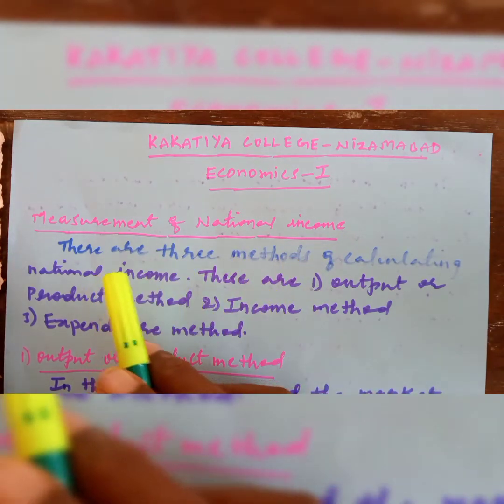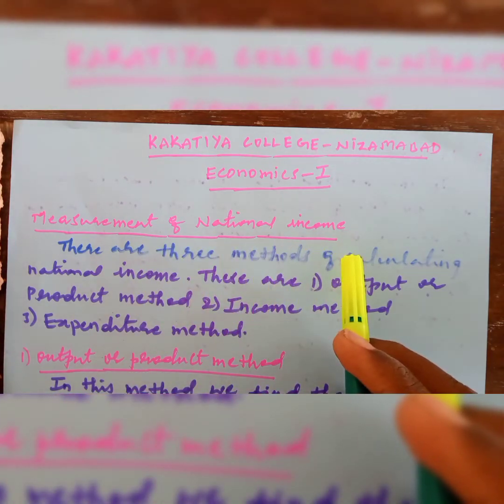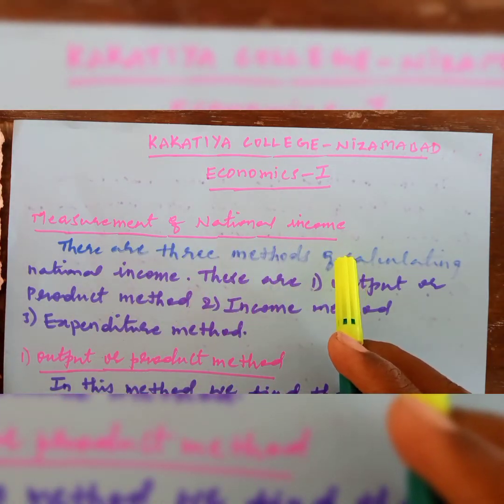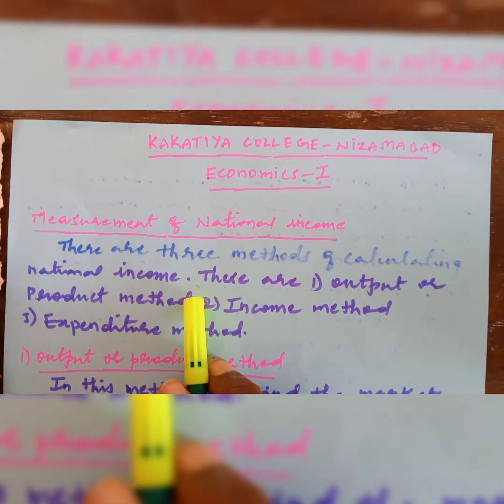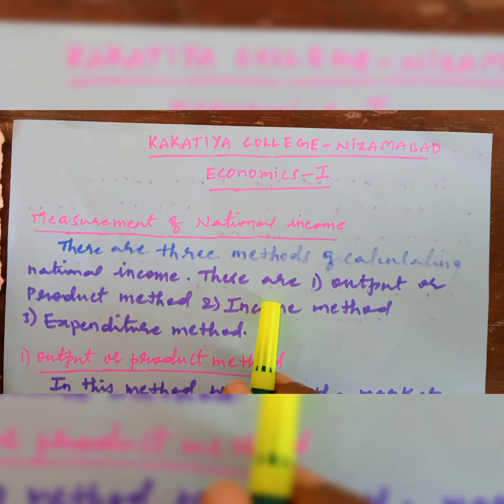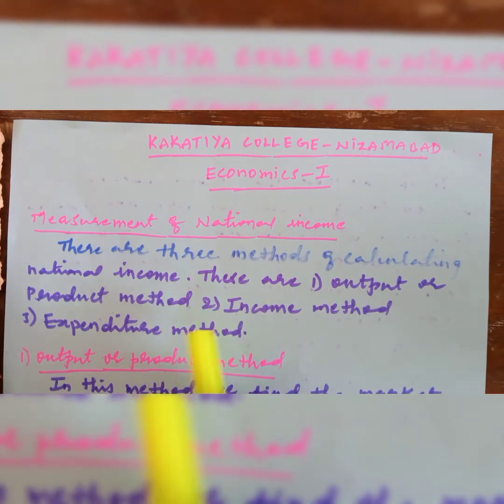We have three methods of calculating national income. These are output or product method, income method, and third one is expenditure method.